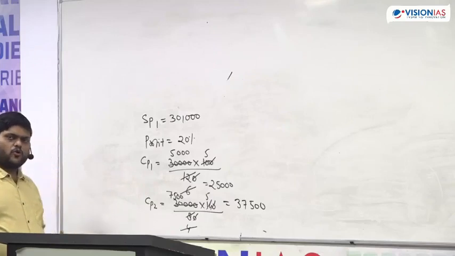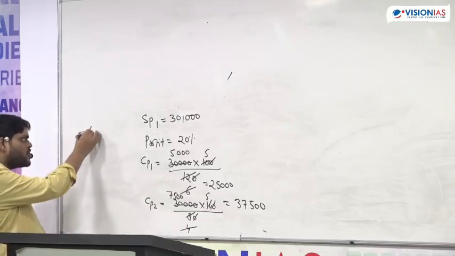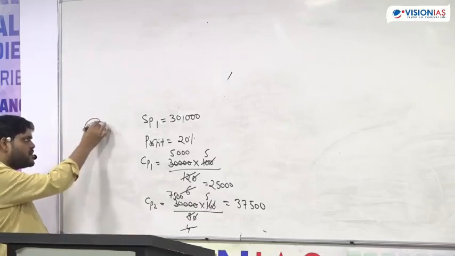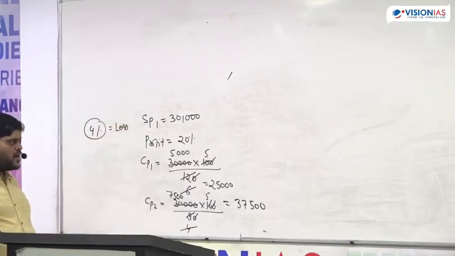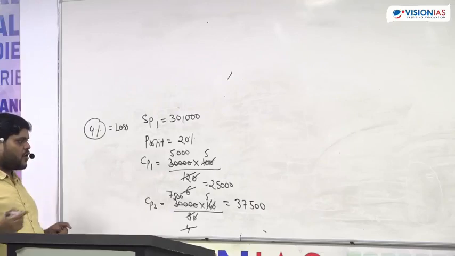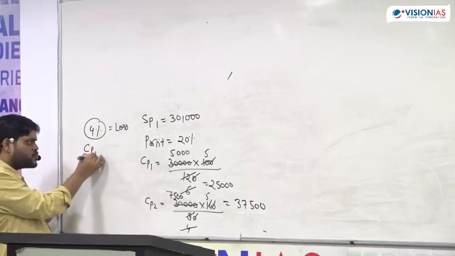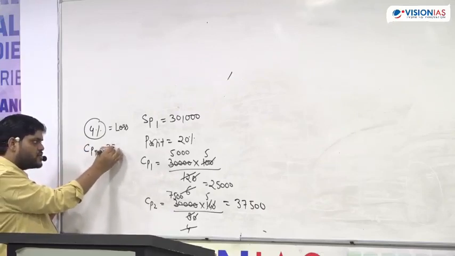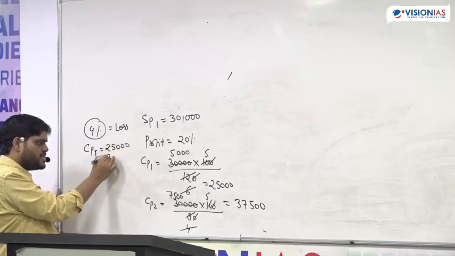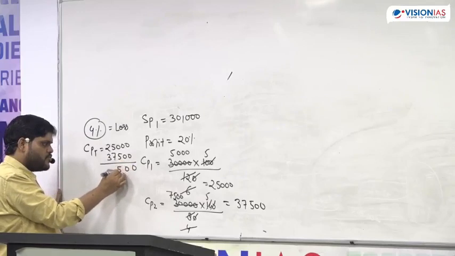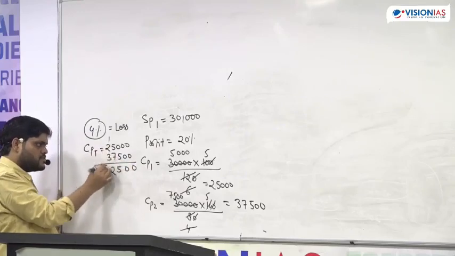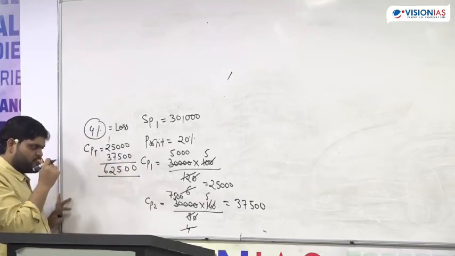So we know that overall loss is how much? Overall loss is of 4%. How come? We know the formula. And what is the cost price? Cost price total is this plus this, 62,500.